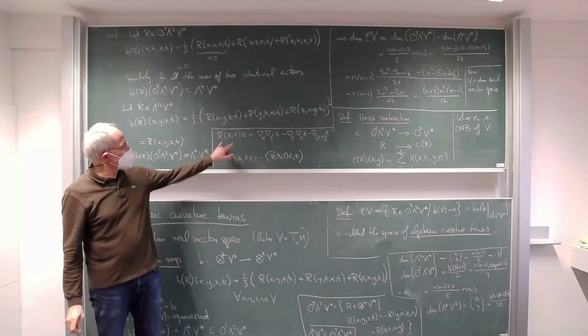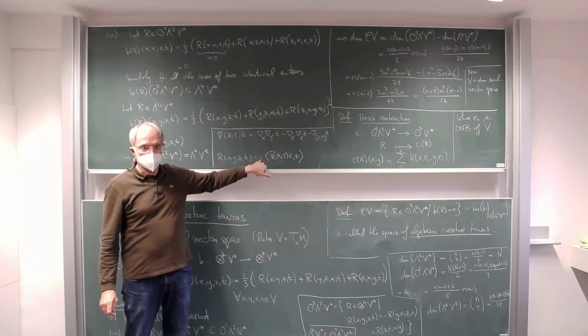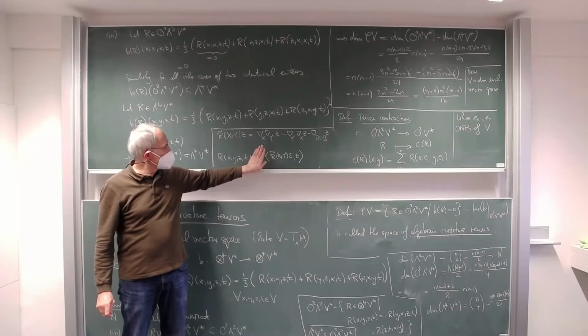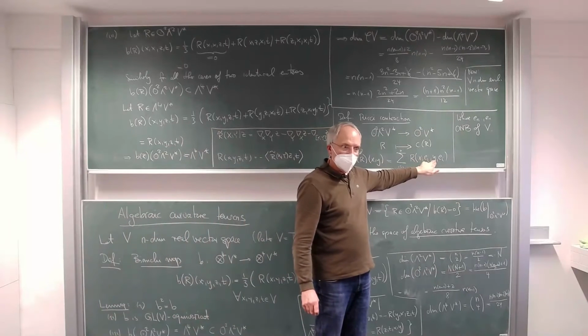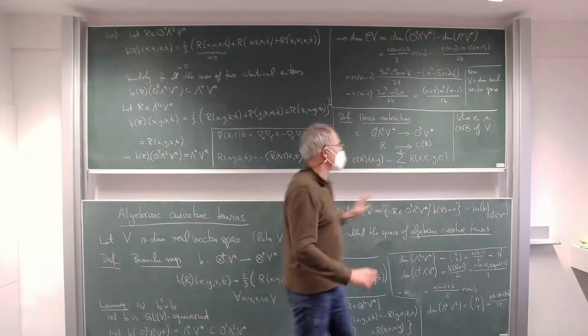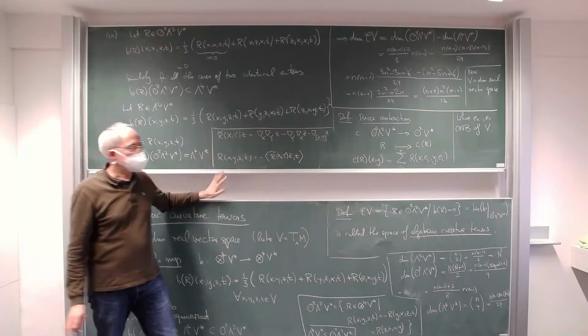Or alternatively, people sometimes use the opposite sign convention, and then there's no sign here. You could also leave out the sign and then trace over 2 and 3. Whatever, but that's the convention I'm using now. Just fix it once and for all.